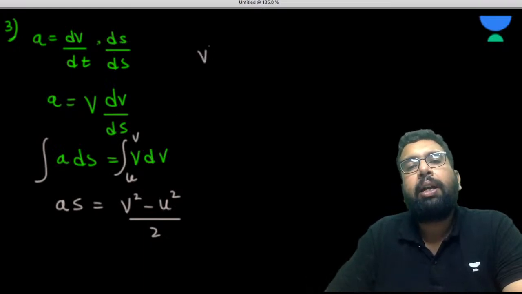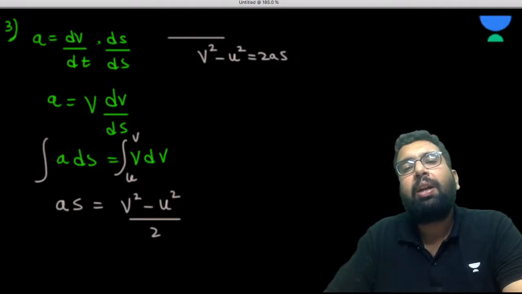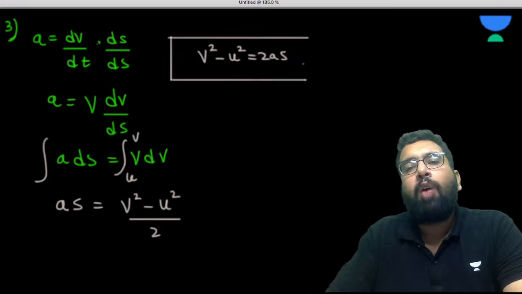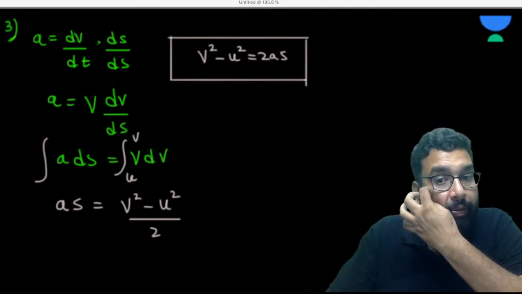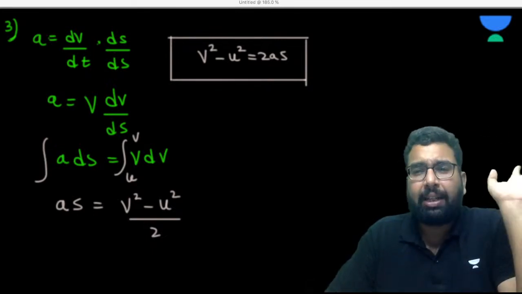So we get v square minus u square is equal to 2as, and that is your third equation of motion. I have just derived them, and I request you to memorize them.